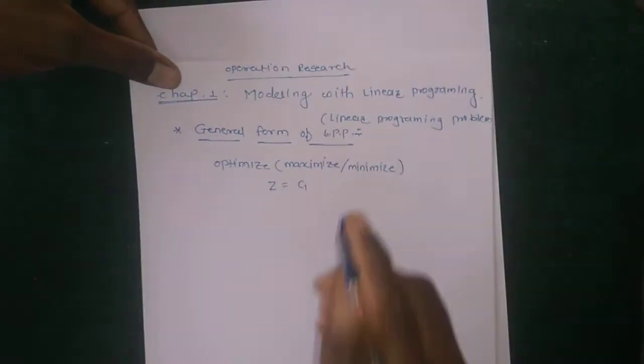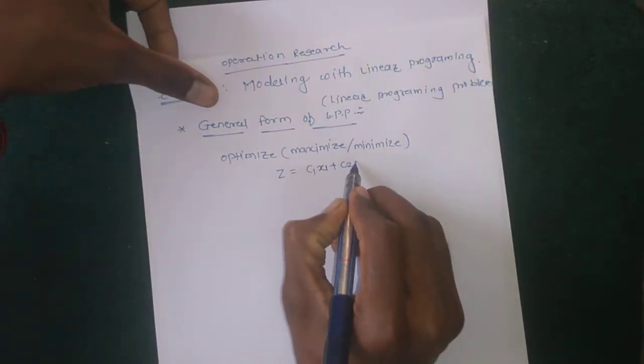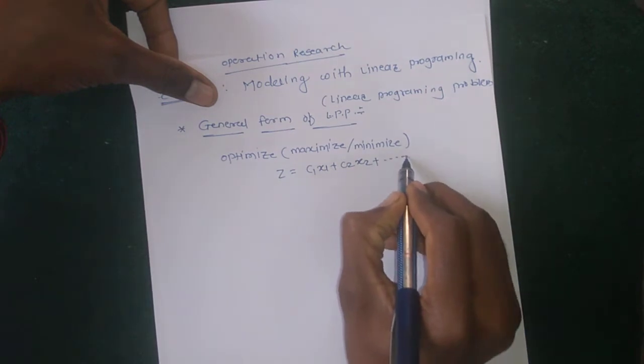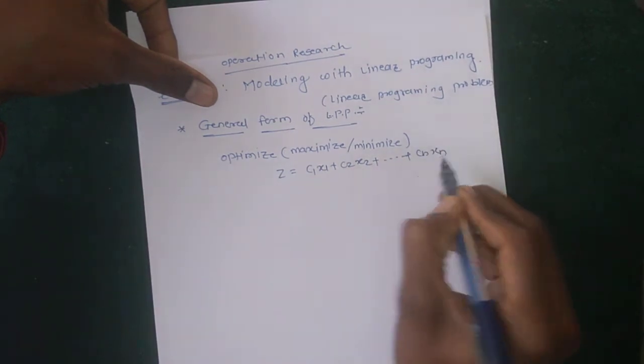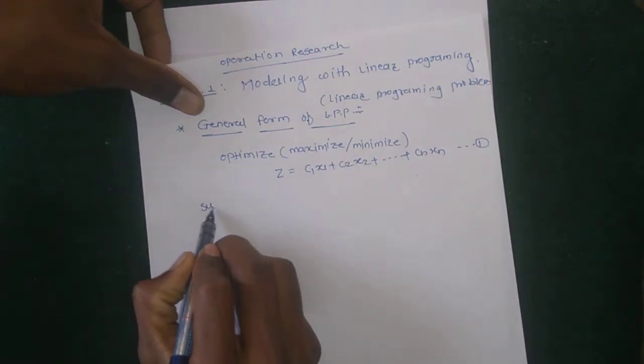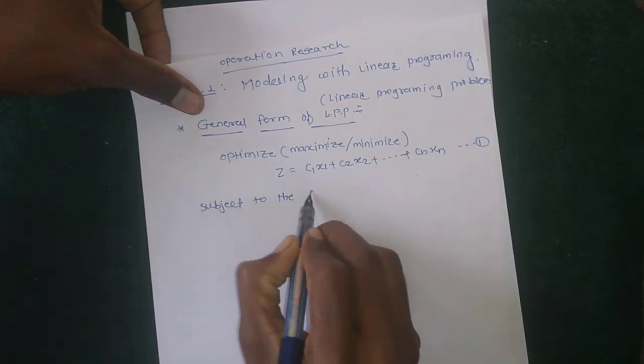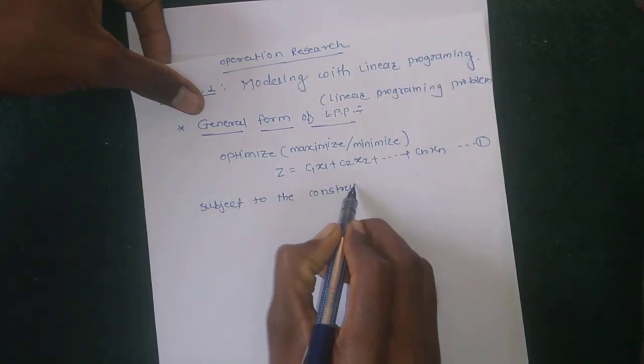Optimize Z is equal to C1 x1 plus C2 x2 and so on up to Cn xn. This is equation number 1, subject to the constraints.